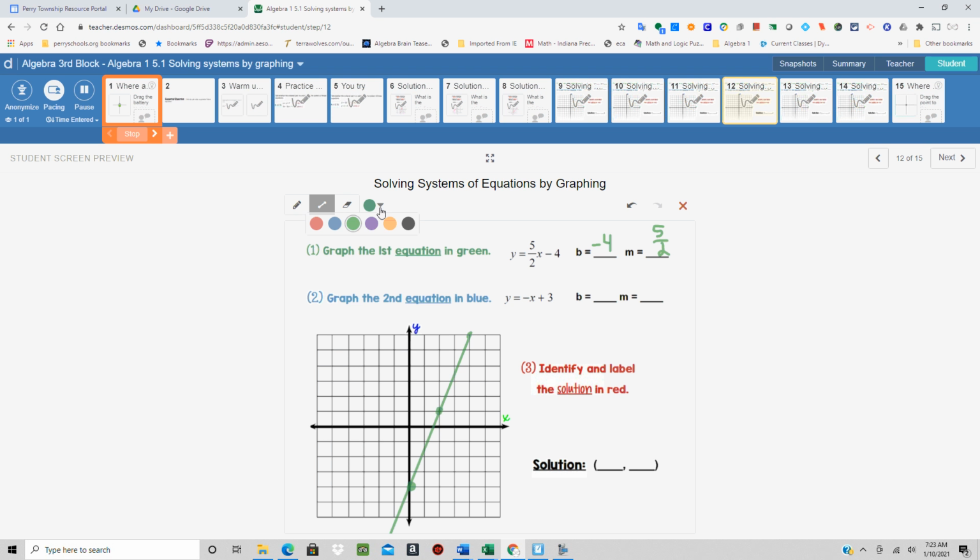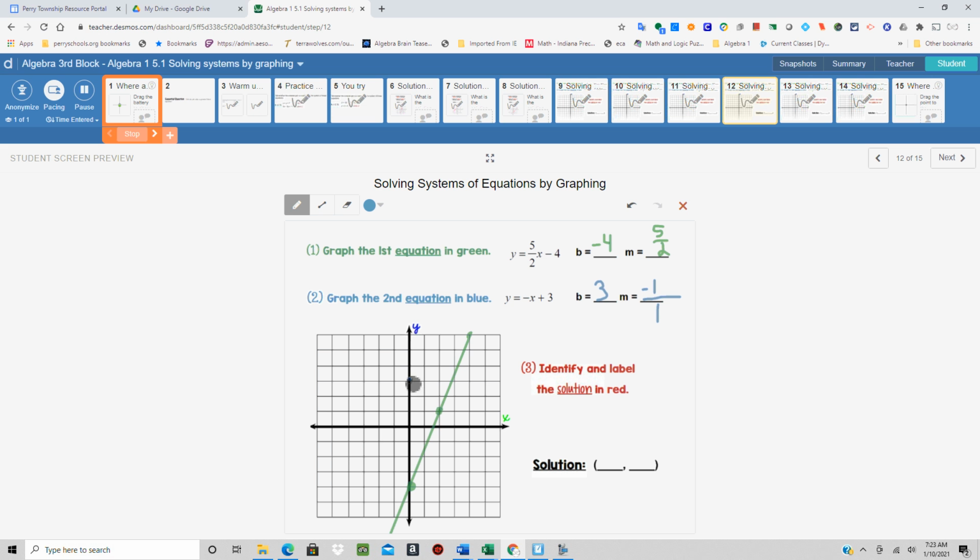Now do the next one in blue. My y-intercept is 3. My slope has no number written there, but it's understood to be -1 because I have -1x. And again, I want to make that into a fraction, my rise over run. And there, start with your b.